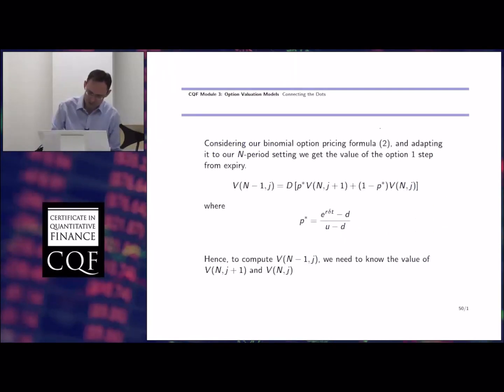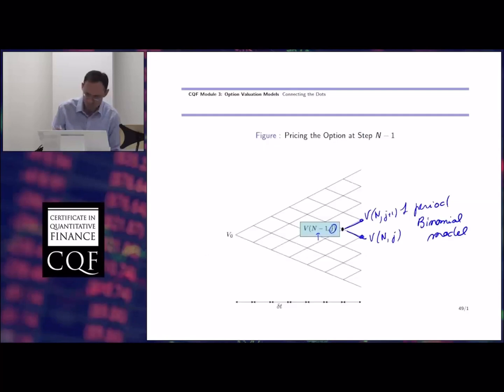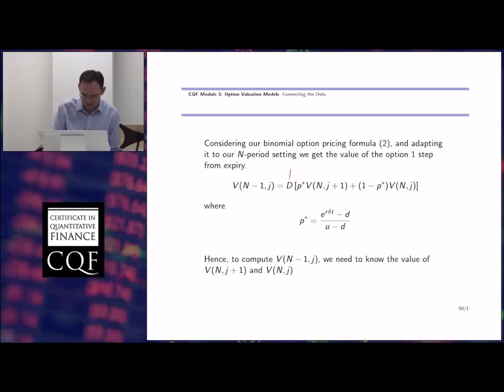So just applying our one-period binomial formula, we get that V(n-1,j) is the discounted expected payoff, where the probability weights are p star for the up move, 1 minus p star for the down move, and we've got two payoffs, V(n,j+1) and V(n,j).